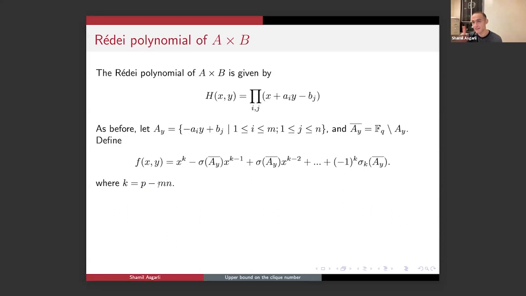So earlier in the beginning of the talk, it was like p minus n, because n was the number of elements in the set. But in this case, we're considering the Cartesian product, and the set of interest has mn elements. So that's why the degree of f is p, which is the p in F_p, the number of elements in the field, minus mn. And by our assumptions, this is a positive integer.